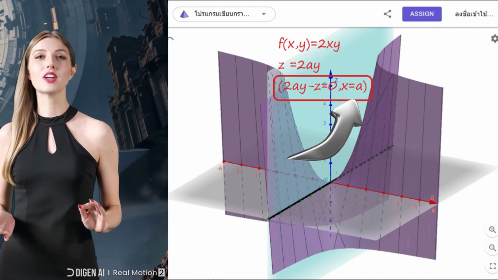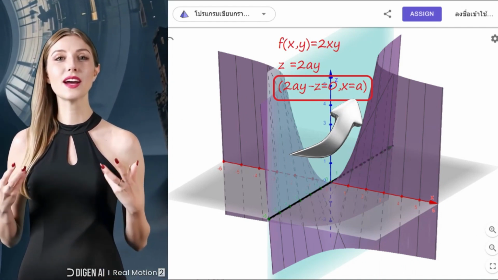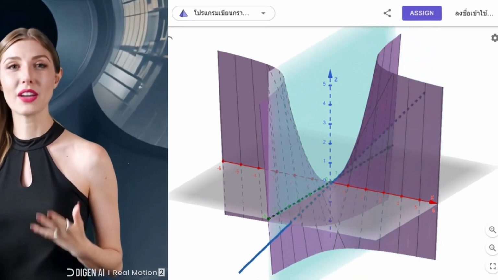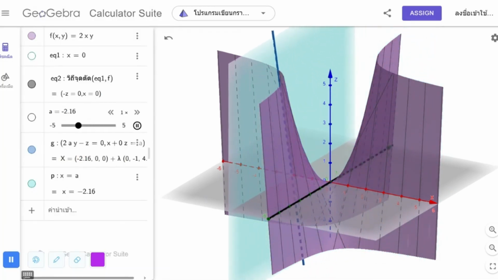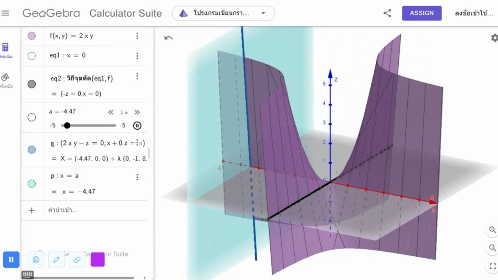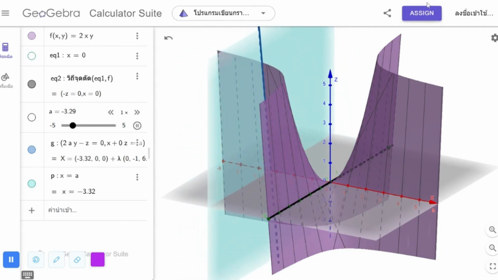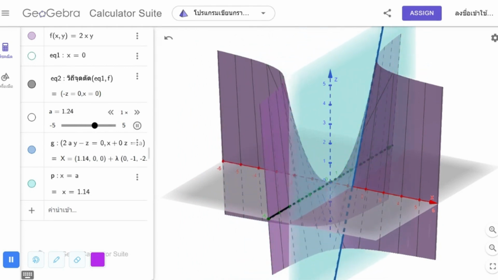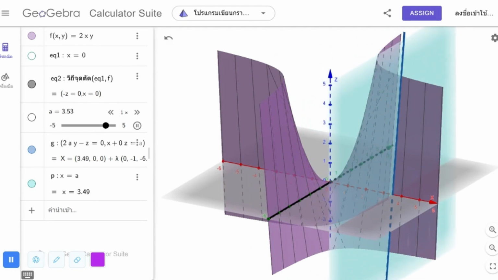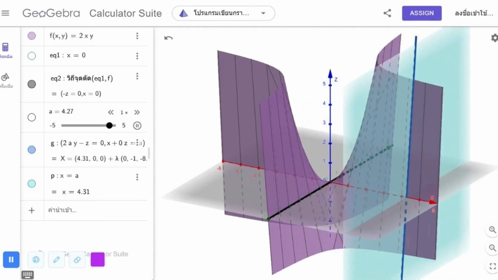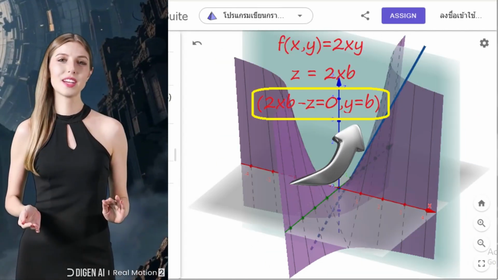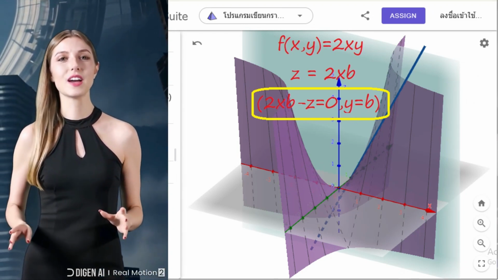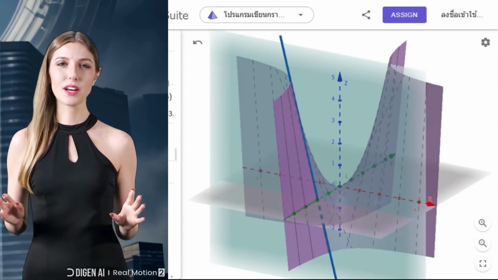Now we know the condition in the first dimension x equal to a can cause an intersecting line with the complex surface. The condition in the second dimension y equal to b can cause an intersecting line with the complex surface.